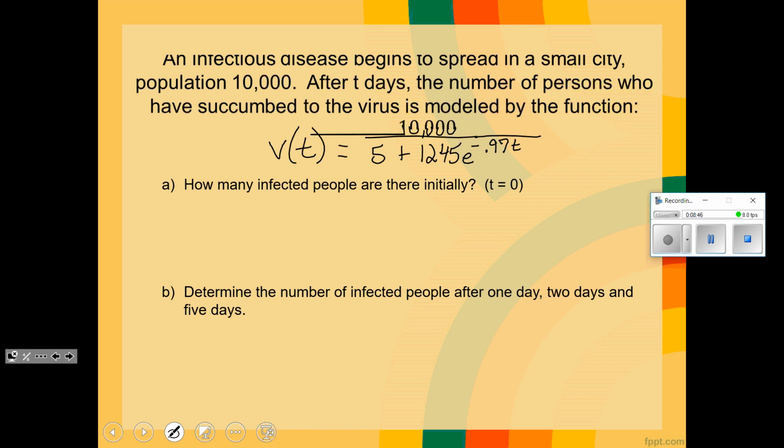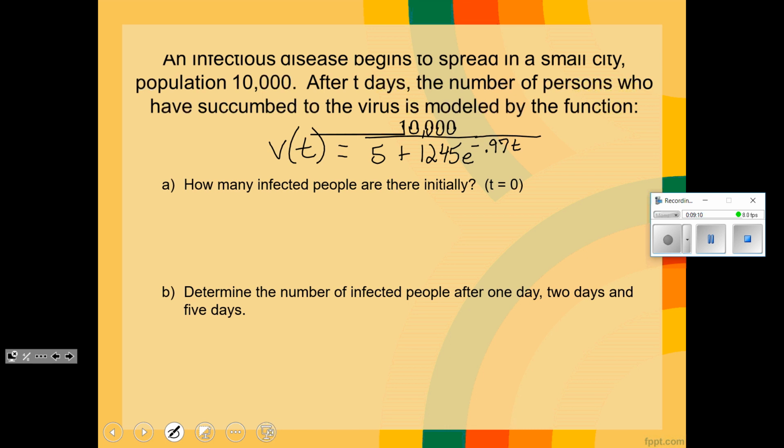How does an exponential function grow? It starts out slow and then it shoots up really quickly, right? As time passes, it's going to start out slow. So we're going to look first at how many people were affected initially, meaning how much time has passed? None, meaning T is equal to 0.